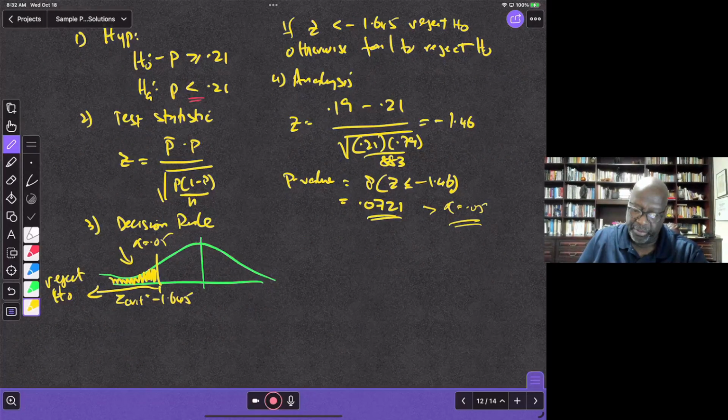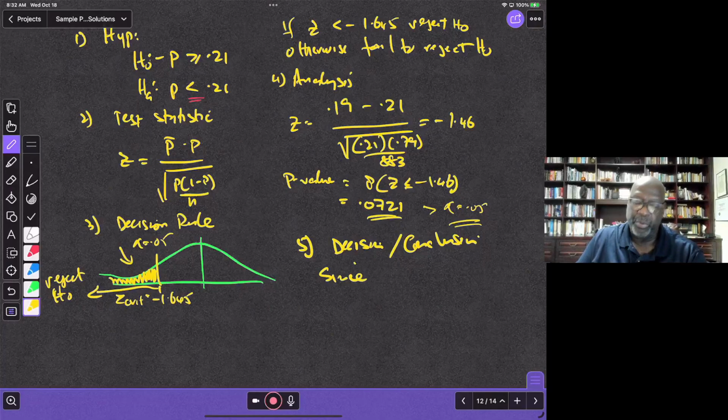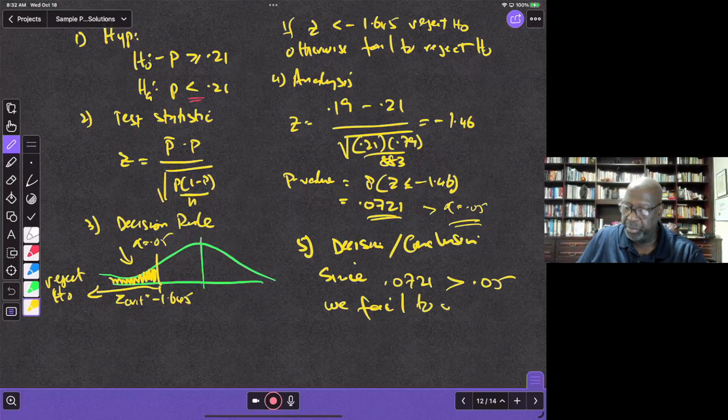So step 5, our decision and conclusion. Since we're doing the p-value approach, 0.0721 is greater than 0.05, that's alpha, we fail to reject the null hypothesis, H0. What's our conclusion?